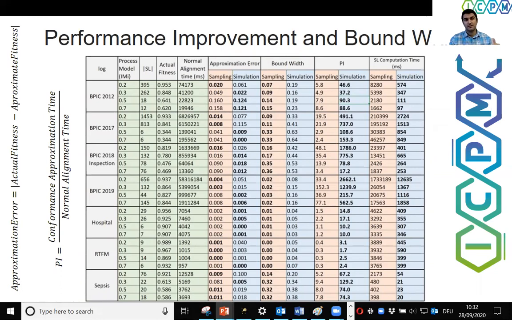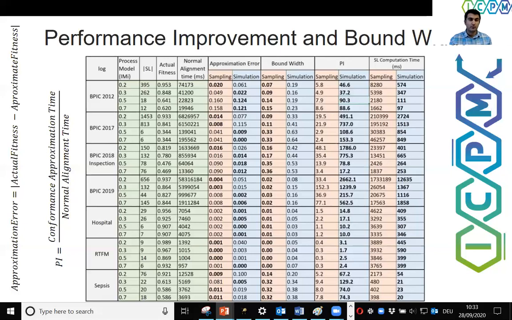However, the bandwidth for the sampling method is tighter compared to the simulation method because we are really computing alignment for 10% of variants. For example, for the BPI Challenge 2019 log and using Inductive Miner 0.2, we provide an alignment value much faster, somewhere between 10 and 1,000 times faster, and the approximation error is just 0.004 different from the actual value.